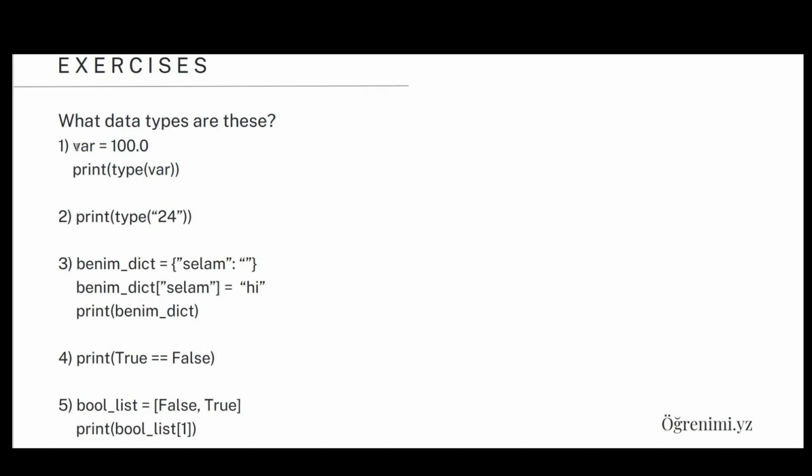So we assign var this value, and if we print the type of var, what would be the output? Please do that for every single question here. And you can leave your answers in the comments, or you could ask questions in the comments.